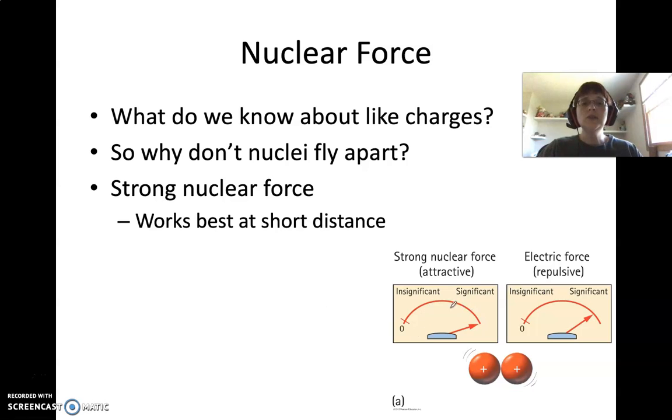The strong nuclear force will be very strong, very attractive, as long as the protons are very close. The repulsive electric force that we talked about before is going to be significant, but as long as the protons are really close to each other, the strong nuclear force is going to overpower it.